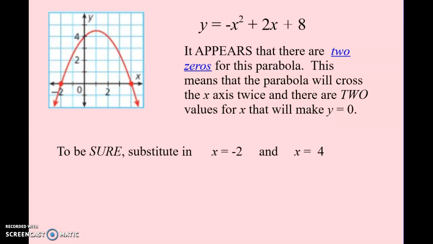So that particular x is perfect. How about with x equaling 4? 4 squared is 16, becomes a -16. -16 plus 8 plus 8 means y is equal to 0. So the zeros that it appeared to be are accurate.